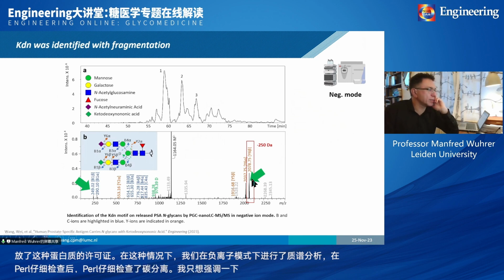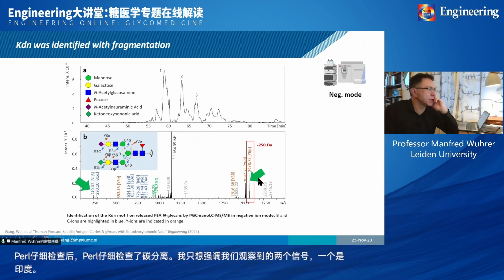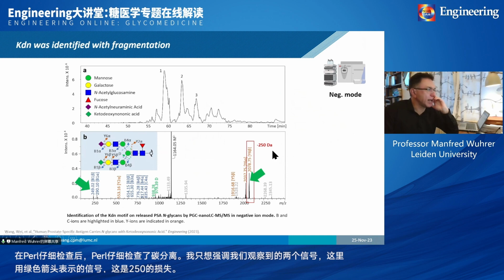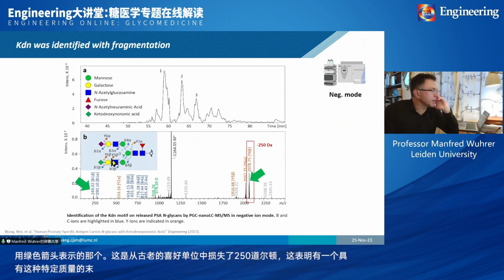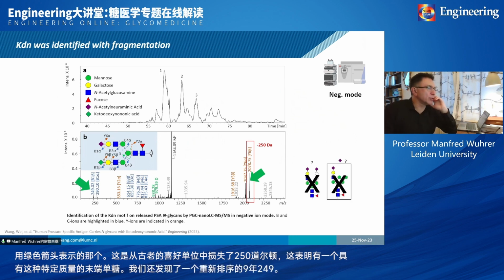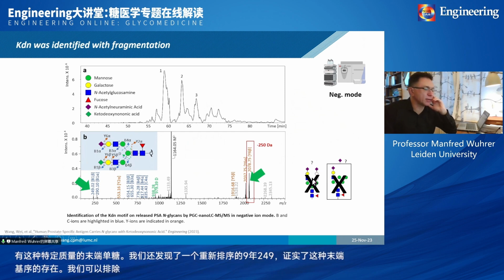The one indicated with the green arrow is a loss of 250 Dalton from the entire glycan unit, indicating a terminal monosaccharide with this specific mass. We also found a fragment ion at 249, confirming the presence of this terminal motif. So we could rule out conventional sialic acids because they have a different mass of 291.